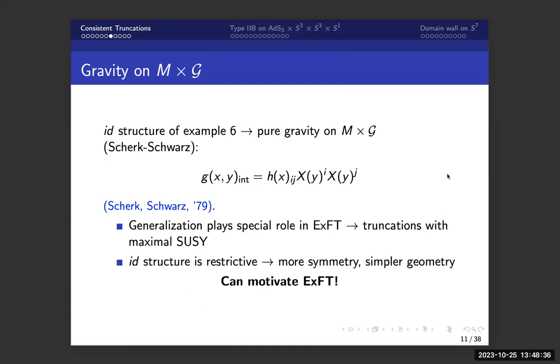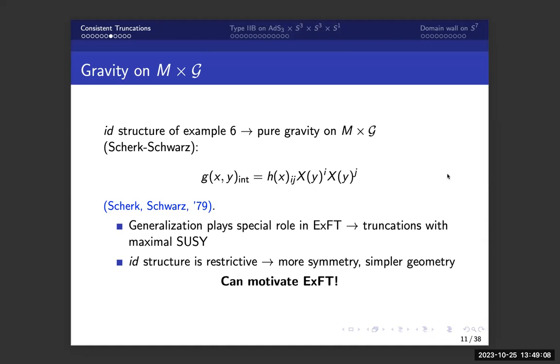So you want to do a compactification of gravity on the Lie group, and you always write the metric by factorizing all the dependence on G into these left invariant objects. So in this case, these left invariant one forms. And here you see that, for instance, this is the internal part of the metric, and this matrix will contain all the scalar fields in the lower dimensional theory.